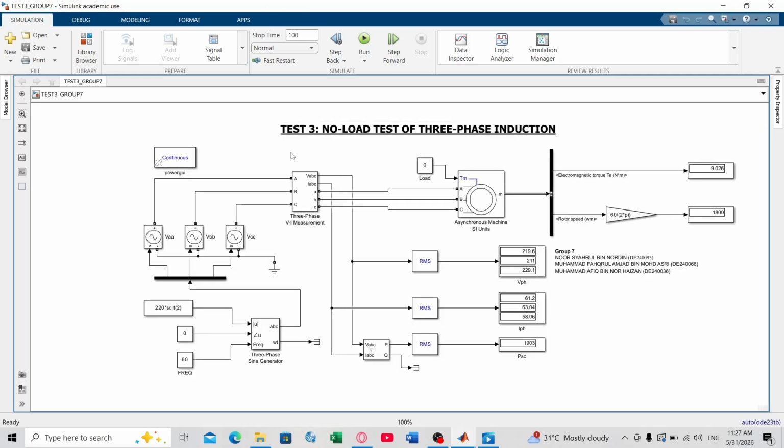For test 3, which is the no load test of the three-phase induction motor, we are using the same configuration, but for the input, we are using 220 volts, which is the RMS. Here we also measure the rotor speed, the electromagnetic torque, and PE.